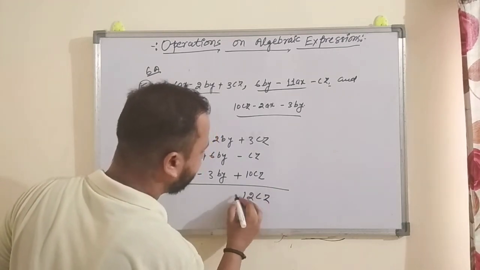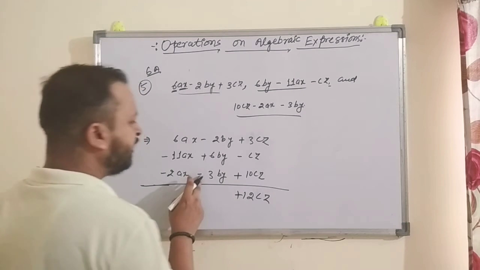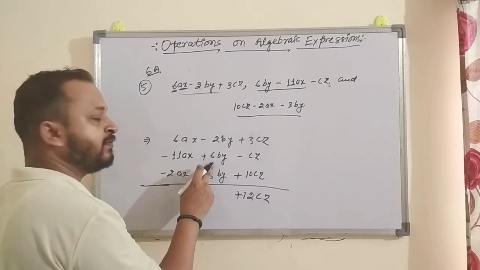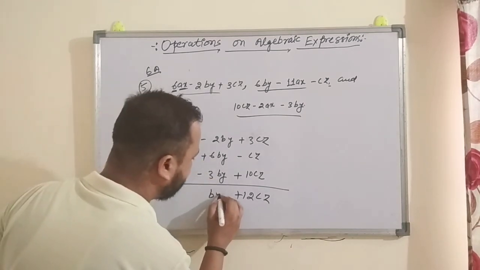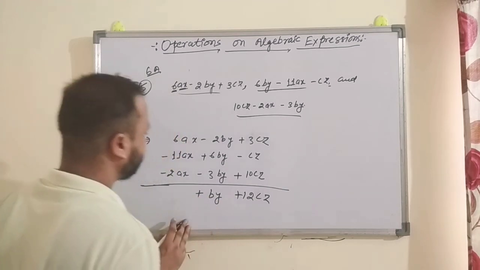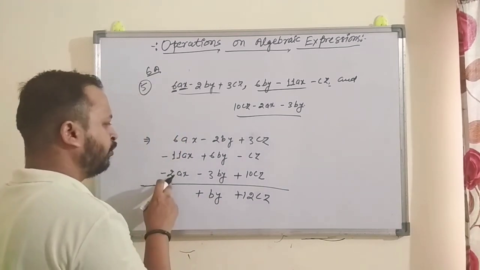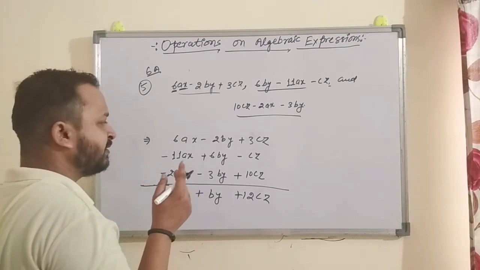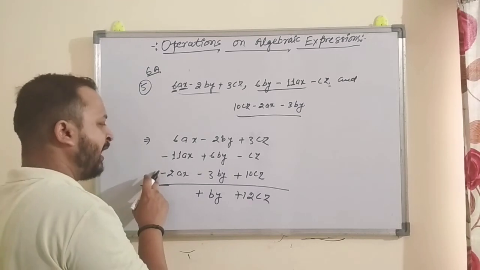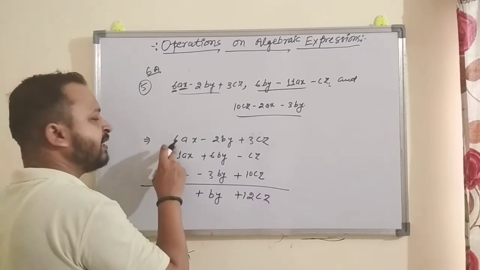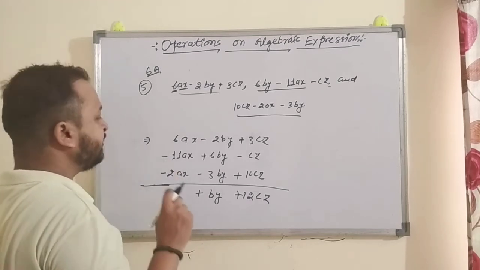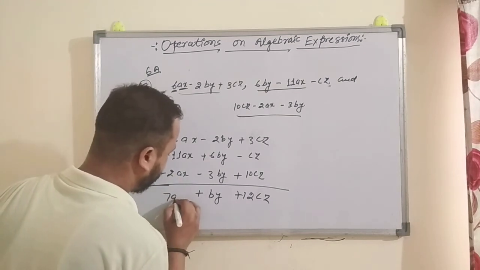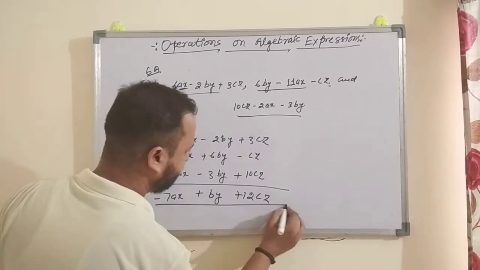So 12cz with positive sign. Here 2 and 3 are with negative sign, so 2 plus 3 is 5by, and here 6by is with positive sign, so 6 minus 5 is 1, with positive sign. And here 11 and 2 ax are with negative sign, so opposite signs subtract and same signs add, so 11 plus 2 is 13. And here 6 is with positive sign, so you have to take the difference, 13 and 6, so 7ax is left with negative sign. This is the answer.